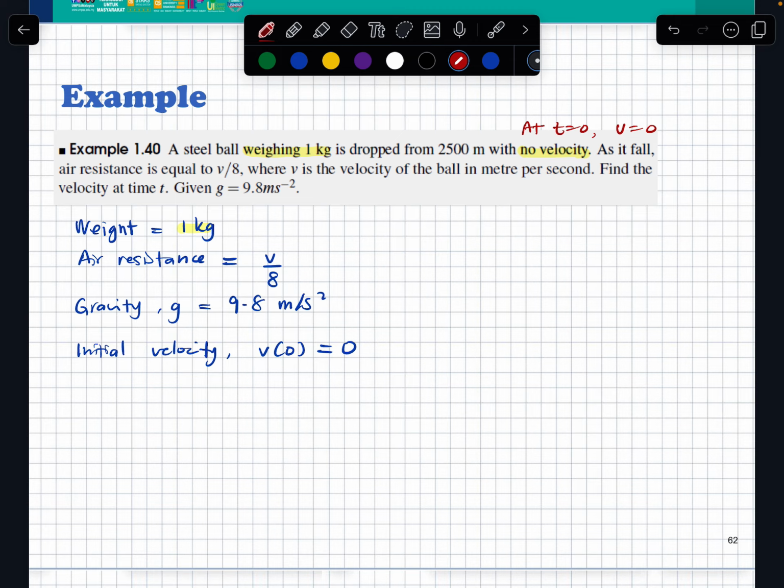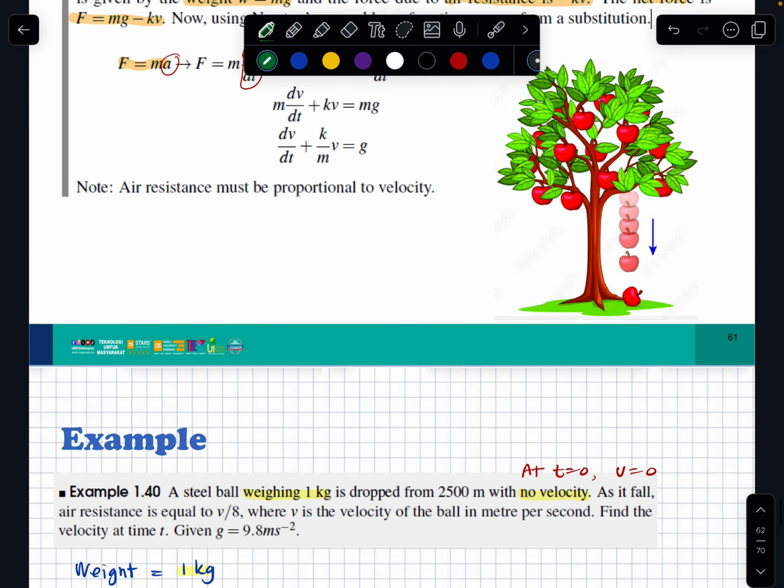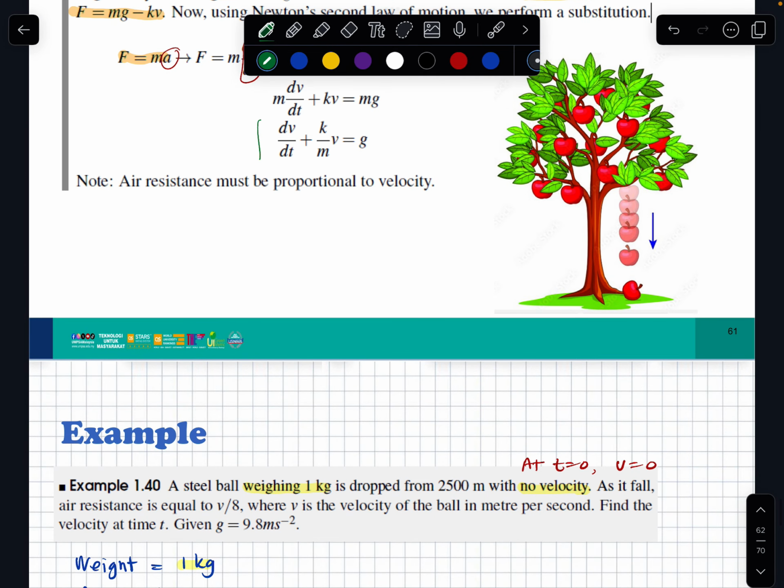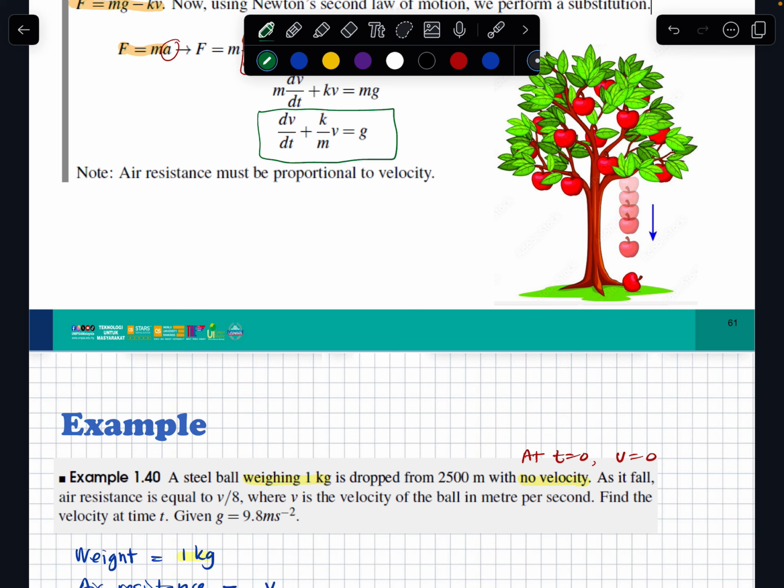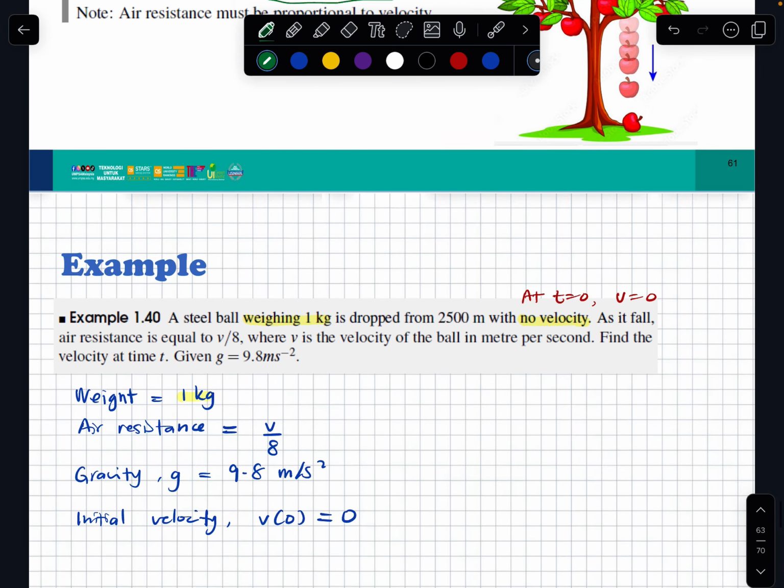So number 1, the first step, we want to use the given equation from the previous slide, the first order differential equation, that is the formulation for the falling object.